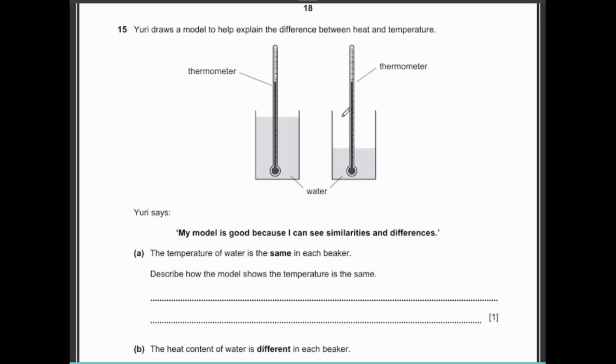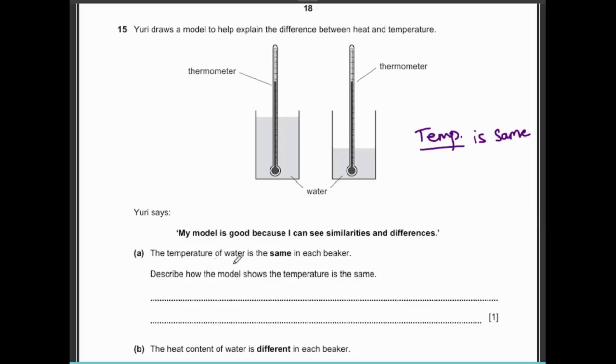Fine, here we will write the thing which is mentioned here, temperature is same. So that means the thermometer must be showing the same temperature. The temperature of the water is same in each beaker, and describe how the model shows the temperature is same.